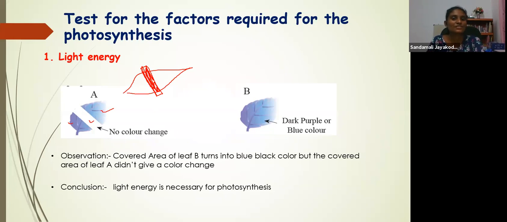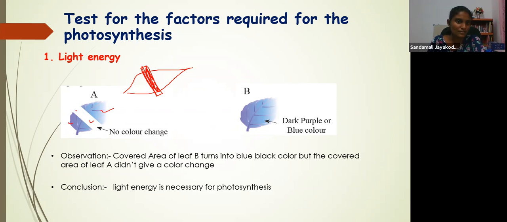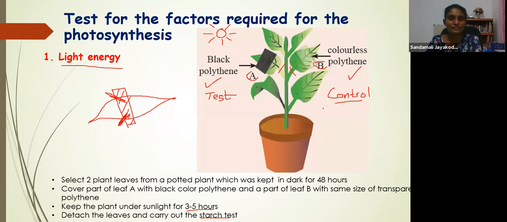That is our conclusion. We know that light energy is required to produce starch. Producing starch is the photosynthesis. So light energy is required for photosynthesis. No photosynthesis here, but photosynthesis has happened in this leaf B due to the presence of sunlight.